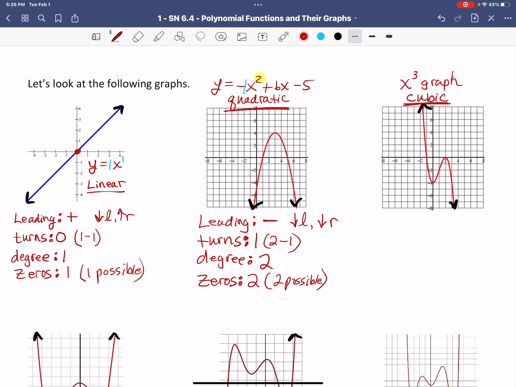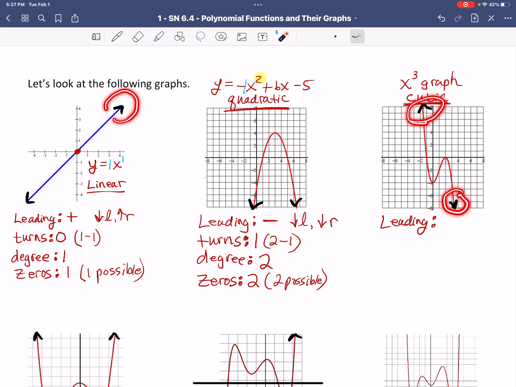All right, leading coefficient. Let's check. I'm going up on the left and going down on the right, and I've got an odd degree.